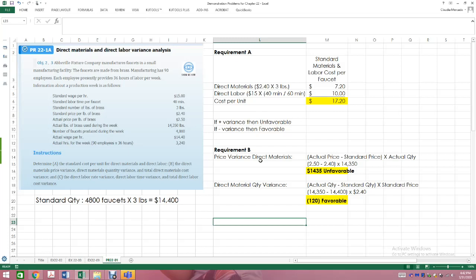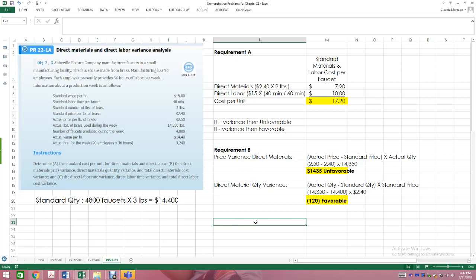We have the price variance, we have the quantity variance. Okay, now we are missing to calculate the total direct material cost variance. I knew I was missing one thing.